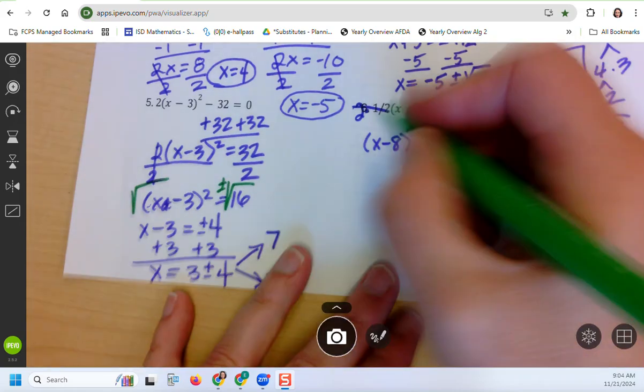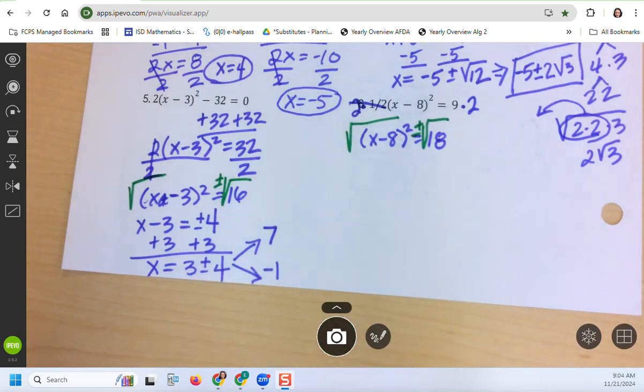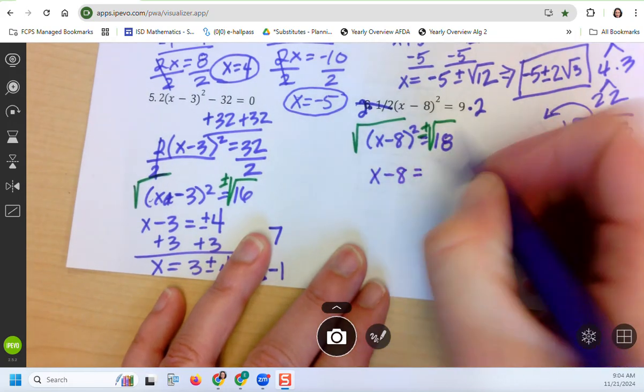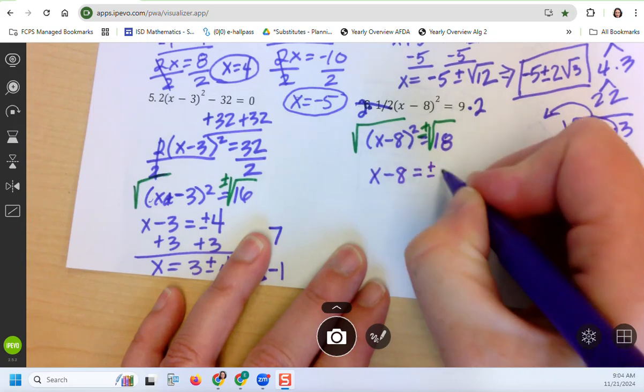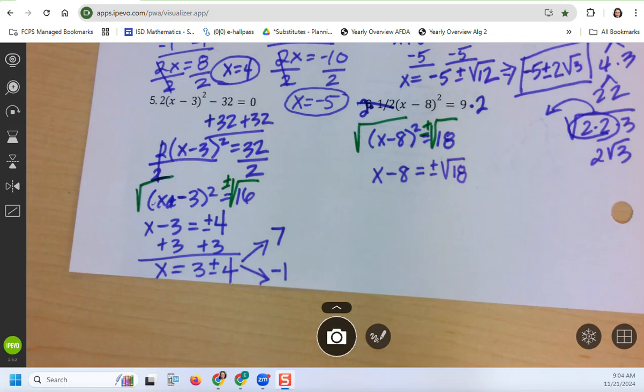Don't forget your plus or minus. There's no square root for 18. And then how do I undo the minus 8? Oh, wait, add 8. Add 8, good.